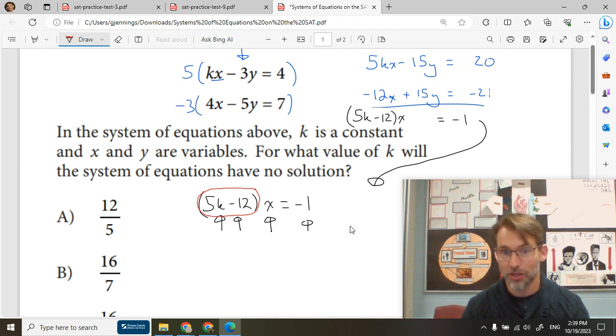Then we will get an equation like 0 equals negative 1, and there's no possible value of x that will make that true. So that's what we're looking for. And in a second, I'll show you why that is the case. So here, what we're looking for is this value where 5k minus 12 is going to equal 0. Because if this equals 0, then this equation will have no solutions.